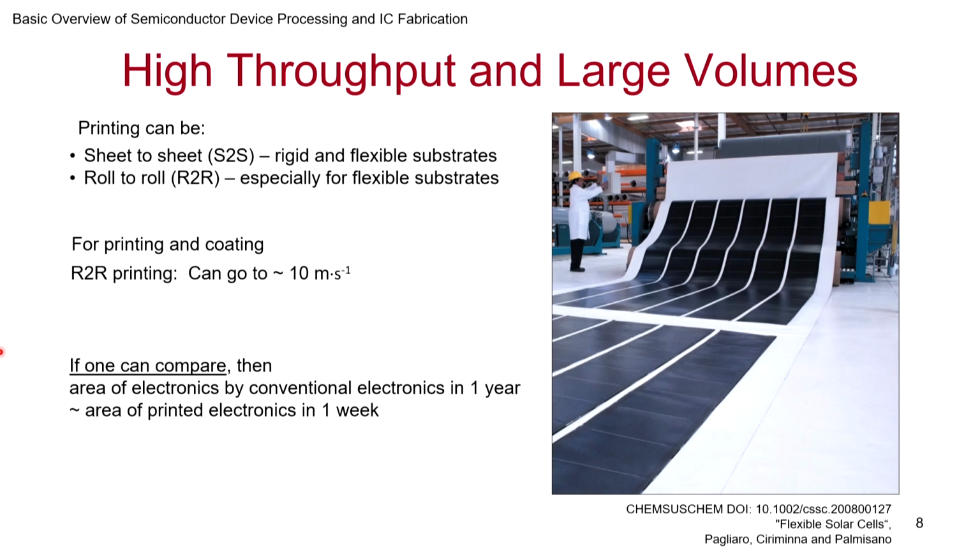So there you need processes like printing, right? So here the area of printed electronics that is made in 1 week will be equivalent to what you do in 1 year by regular electronics. So throughput, if you get the right process that you desire, can be much higher by printing, especially roll-to-roll printing.